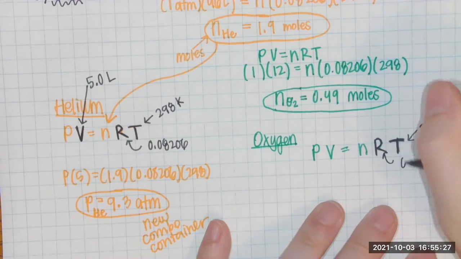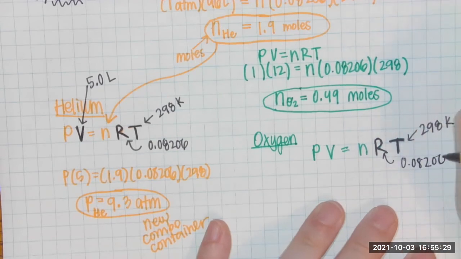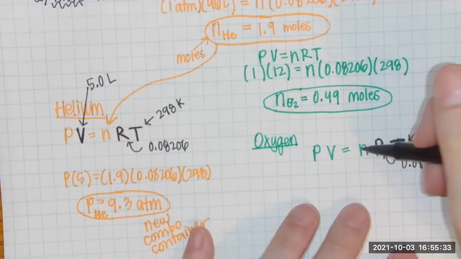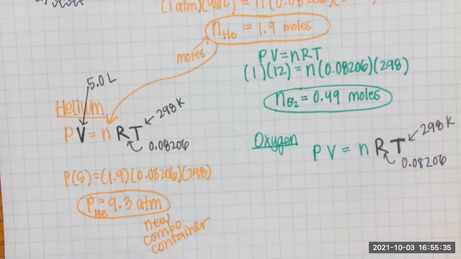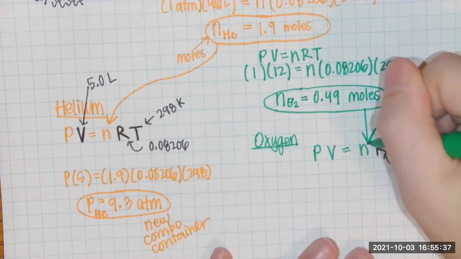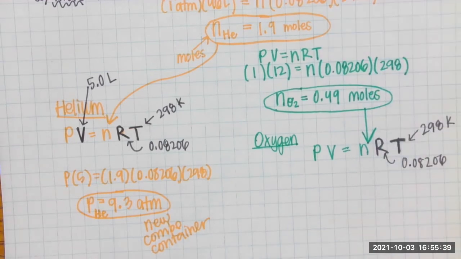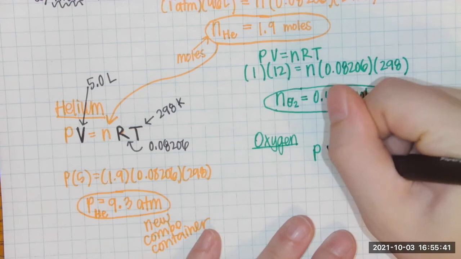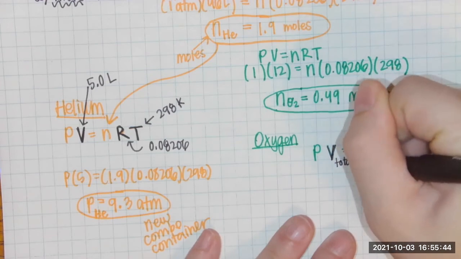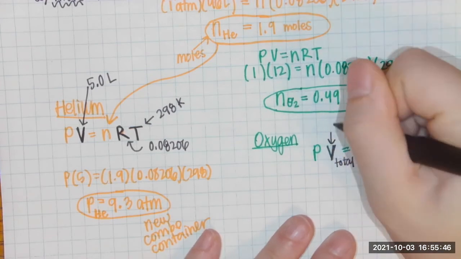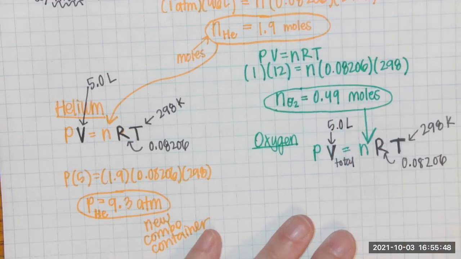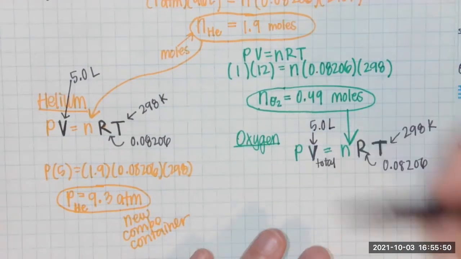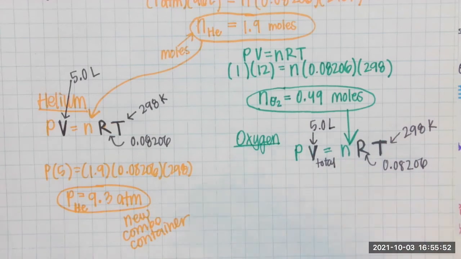R, hopefully you have that memorized by now. The number of moles of oxygen we'll get from there. The volume of this total tank is 5 liters from the problem, and we're solving for the new pressure of oxygen.